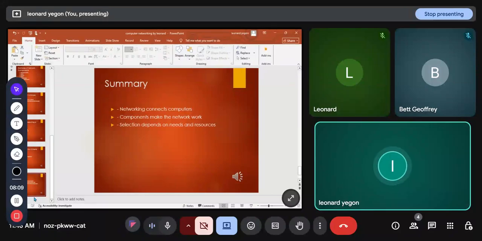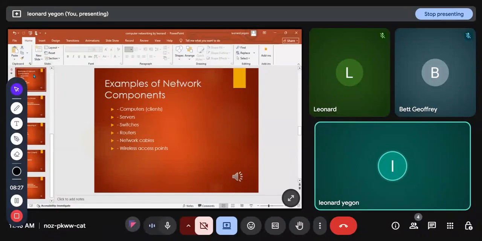Now we have the components that make the network work. Examples of these components, when we go back, these components displayed here are the computer, the server, switches, routers, network cables, and wireless access points. This will enable you to connect to the internet.